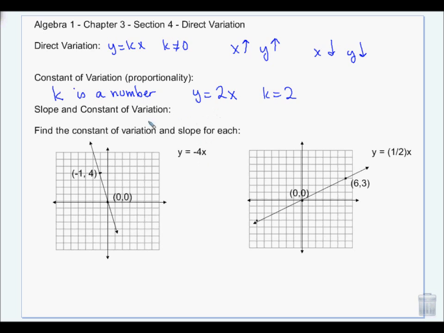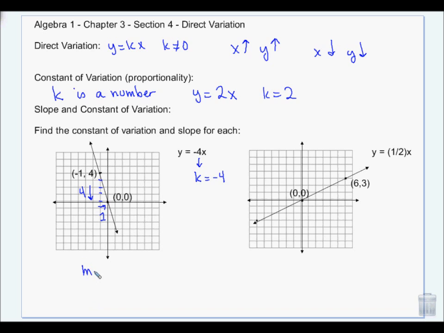So to find the constant of variation, if you have the equation of the line, it's just that number that's attached to the x. If you don't have the equation and you just have a line, we can count from one point to the next. I'm going to go down 1, 2, 3, 4, and then over 1.